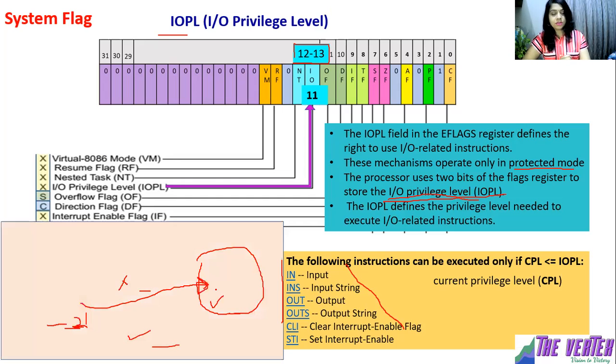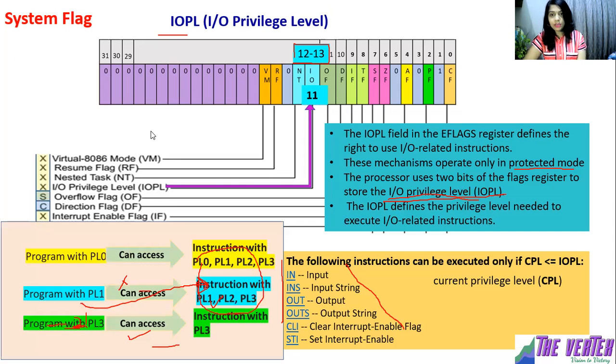So what happens? This works like this. I will show you. Let me erase this. Now see here. If a program has privilege level 0, meaning the highest privilege level, then it can access instructions with all privilege levels. That means PL0, PL1, PL2 and PL3.